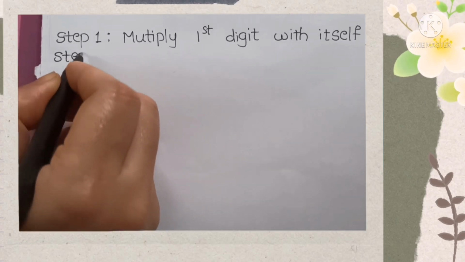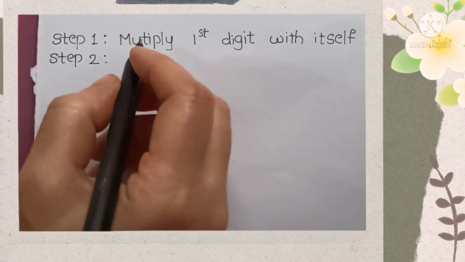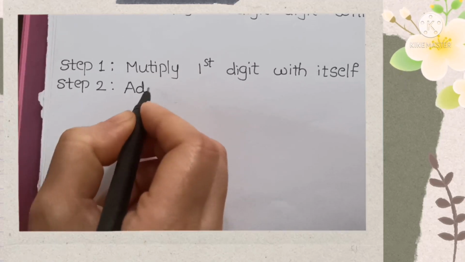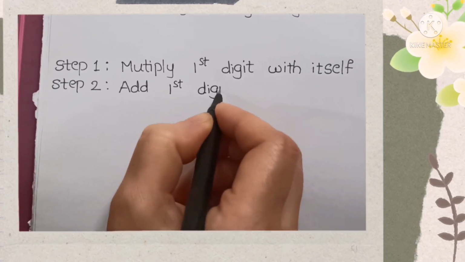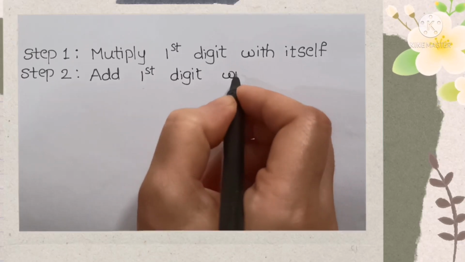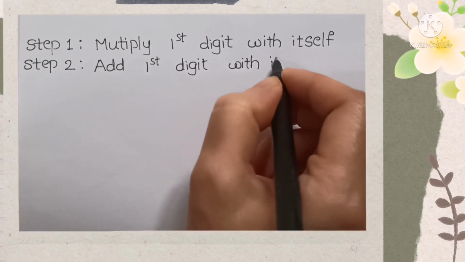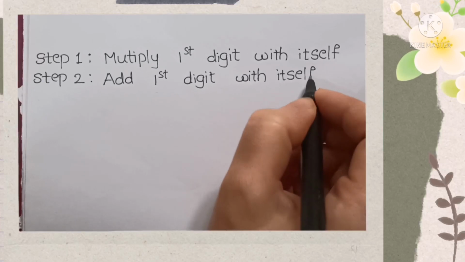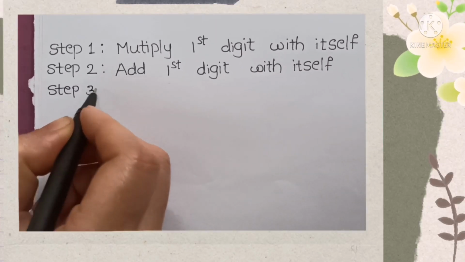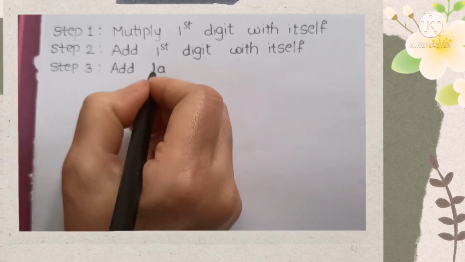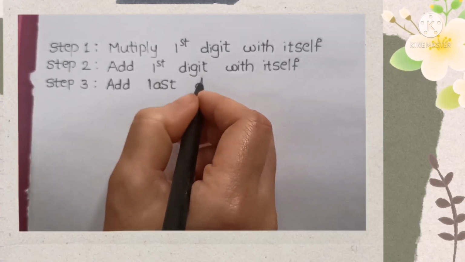Let's move on to our step 2. In second step, we have to add the first digit of the number with itself. Our step 3 is that we have to put 1 at the last.